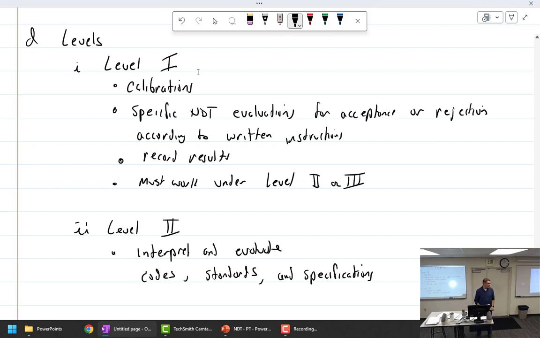The difference being, if you're level 1 and I say I want you to go inspect this using the machine, these machine settings, and you're looking for this, then you would go do that. As level 2, you're going to read something and say this should be inspected in accordance with ASTM E1444, which is an ASTM publication on how to perform magnetic particle inspections.